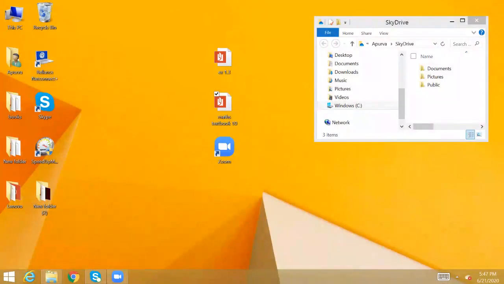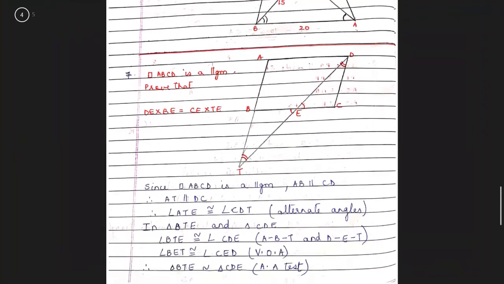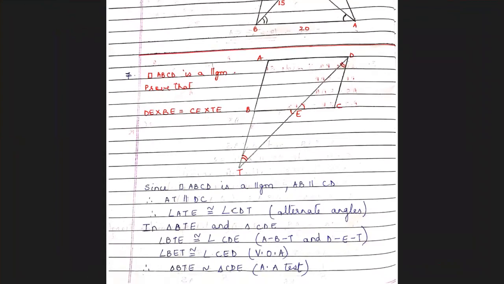Yes. Which is that set of angles which are congruent? Now see, look at the figure here. You have angle ATD, which is congruent to CDT because they form a pair of alternate angles, isn't it? Yes. So I'll explain to you how I've done it.